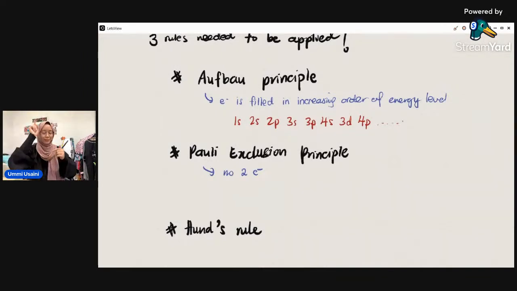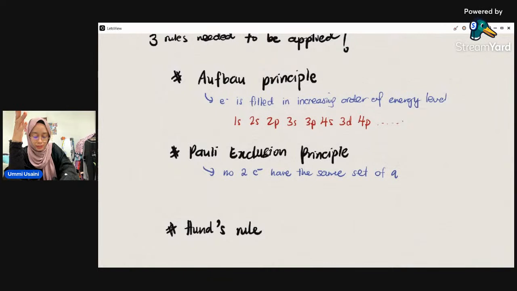So Pauli exclusion principle, there are no two electrons that have the same set of quantum numbers. Okay, Miss letak QN je, okay. QN tu quantum numbers lah. Ataupun kamu boleh cakap there are no two electrons have the same direction. Okay.